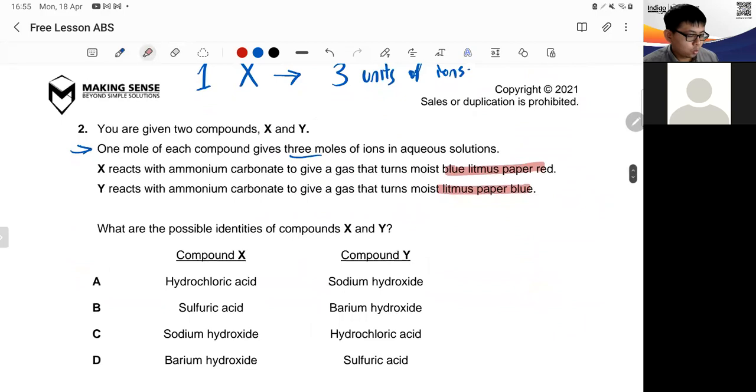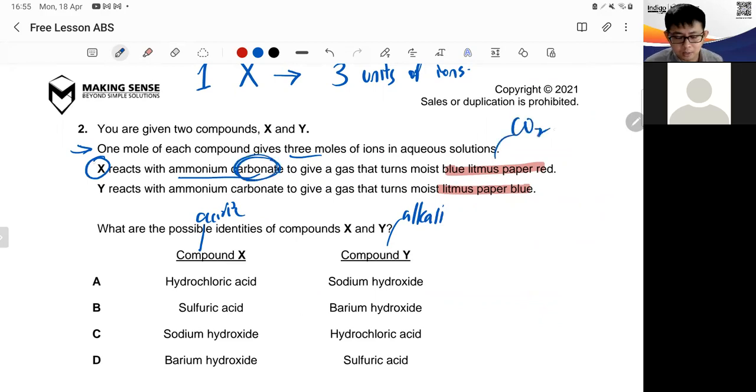So what about the identity? X is clearly acidic because it turns blue litmus red, so X must be acidic. Y must be alkaline. Because ammonium carbonate, X will react with the carbonate portion to give carbon dioxide.